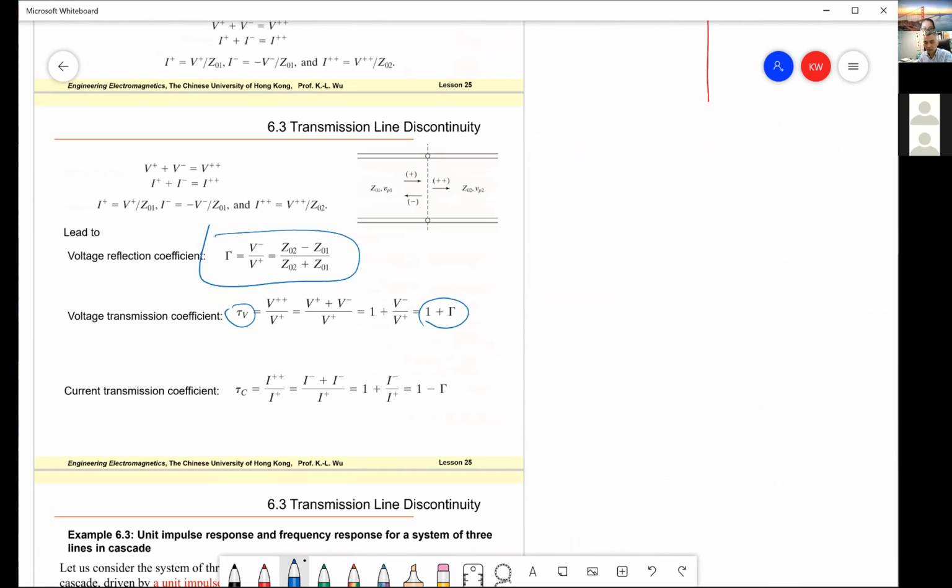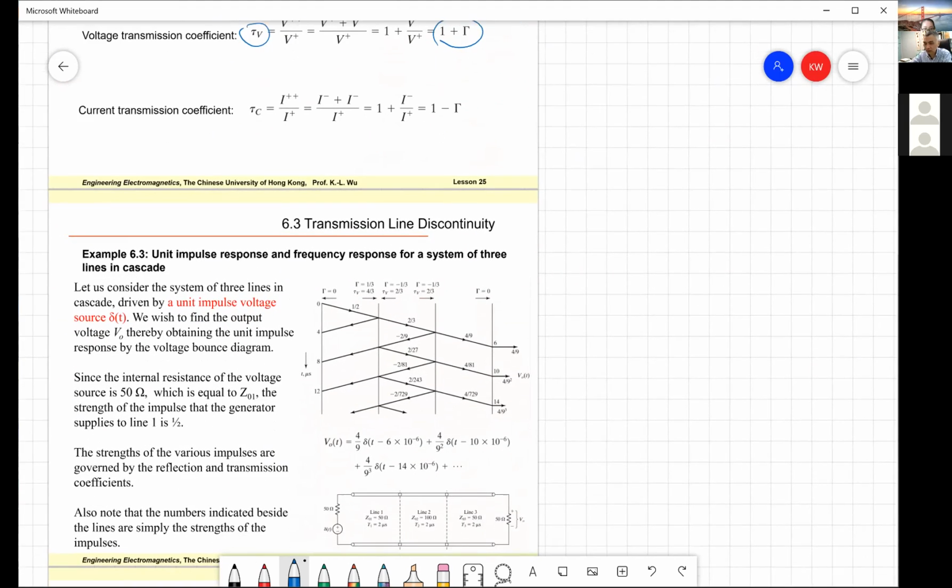We already have this conclusion before. And for the current reflection coefficient, this is the voltage one equal to minus, so minus current. We don't repeat this anymore.